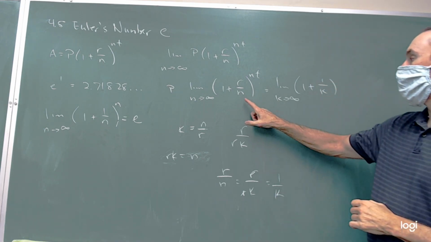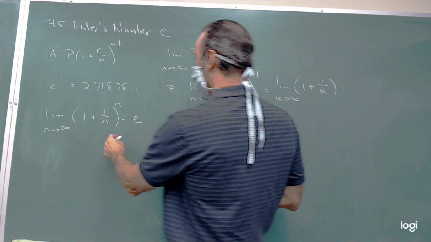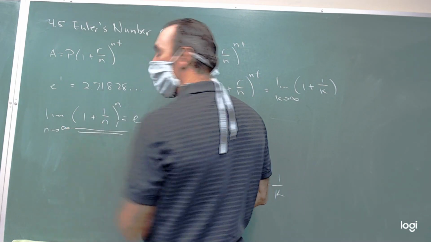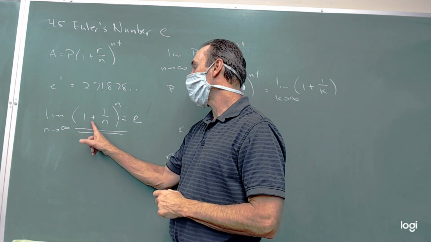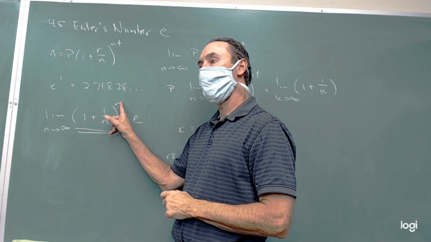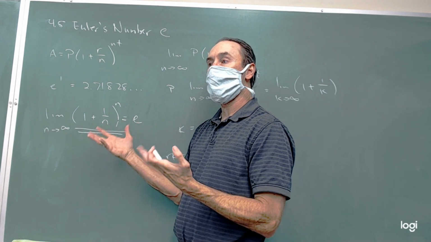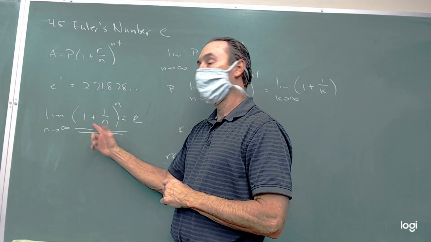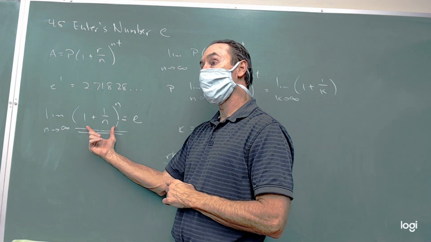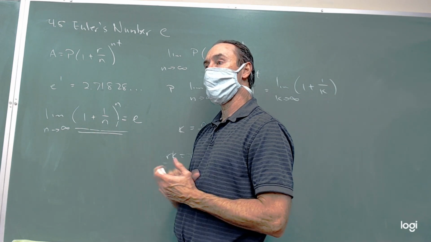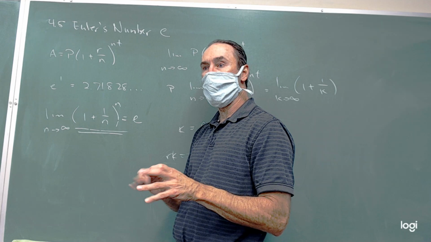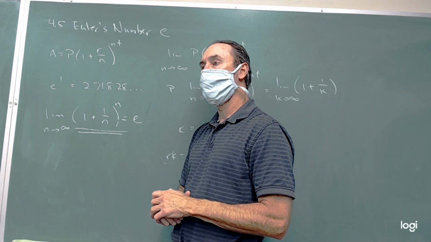Because what I want to do is manipulate this so that I can get to here. So I'm going to get to 1 plus 1 over k to the k power as k goes to infinity, which is just this with a name change. And so then I'm going to be able to claim that this is actually Euler's number E. That's my purpose here, my underlying plan.